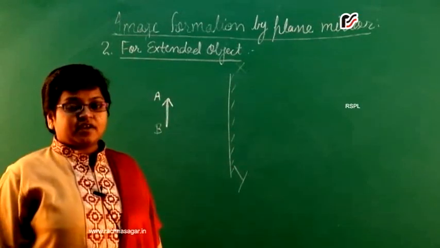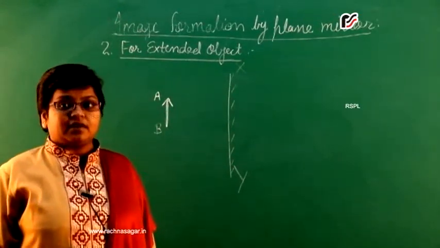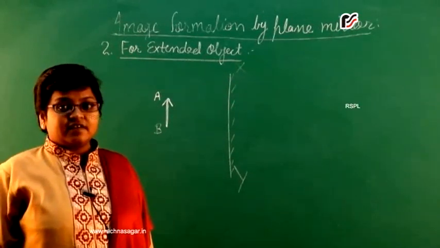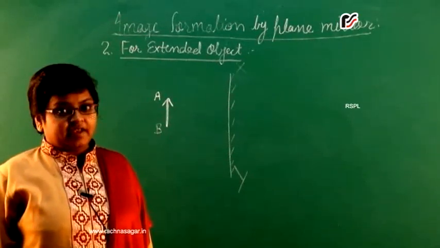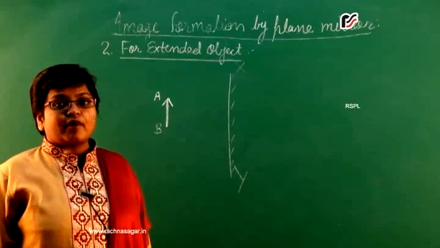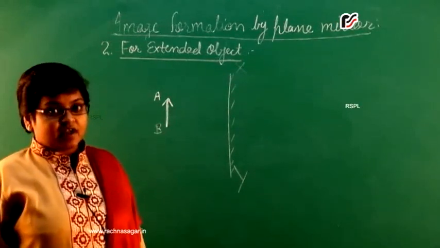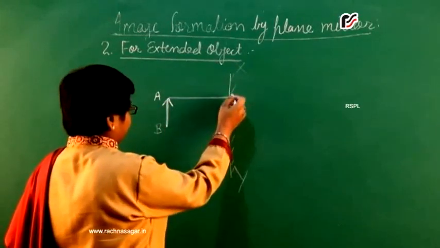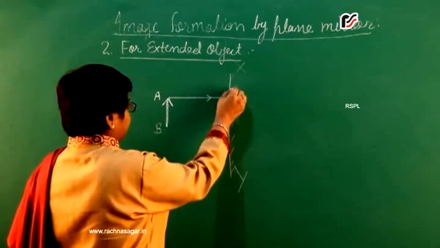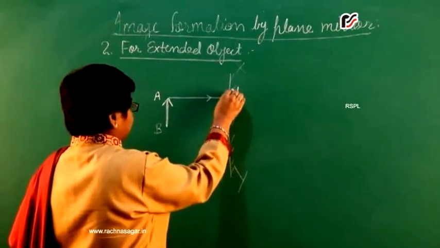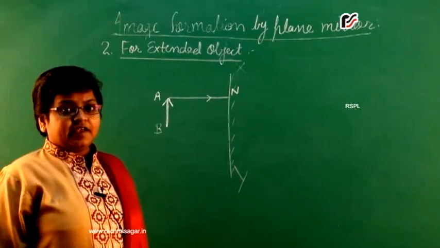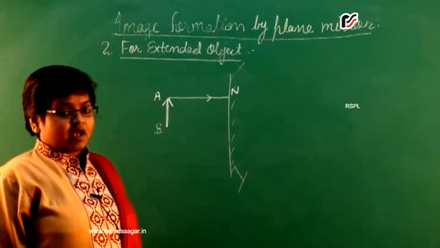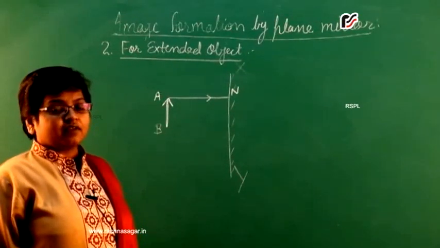An extended object AB is placed in front of the plane mirror. Let us consider that A is of point size, and we draw the image of point A, and then we draw the image of point B. Let us start with point A. There is a ray AN which is incident normally on the plane mirror. After reflection, it bounces back on the same path.